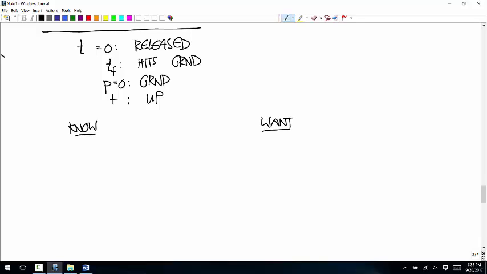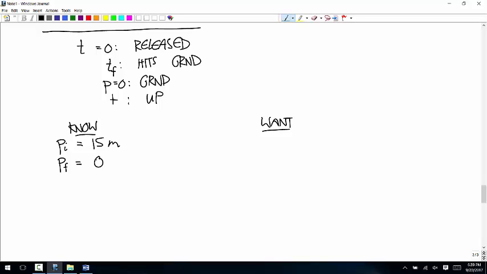Do we know the elapsed time? Nope. Do we know the initial position? Yep, that's positive 15 meters. Do we know final position? That's 0. Do we know initial velocity? Yes.